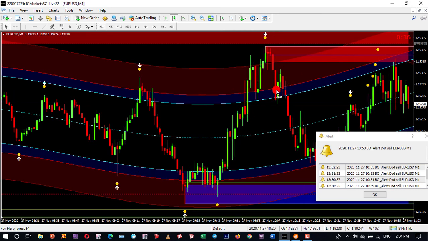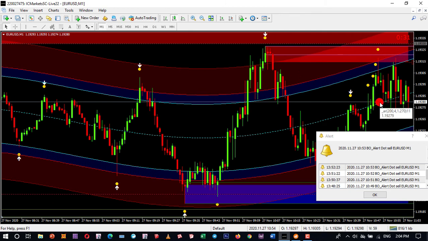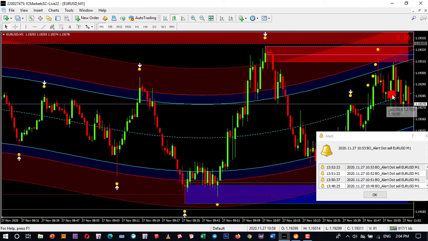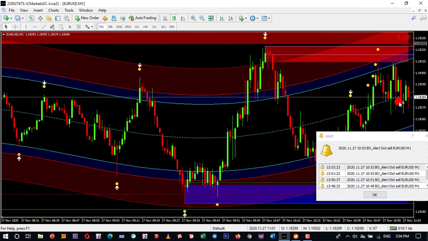You can see if there is a rejection from this level, this is our main trending line, like this one. The next candle will also be a green candle. There is a red candle, but there is a rejection, so this is also a green candle. Whenever you see a rejection from this line, the next candle will be a green candle.